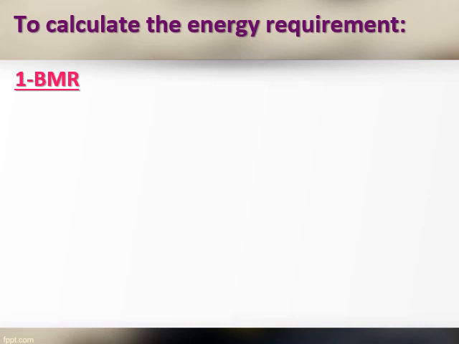One of the important objectives of our lecture for today is to calculate the total energy requirement. So, we have to know how to calculate the basal metabolic rate, which is one of the components of the total energy requirement.